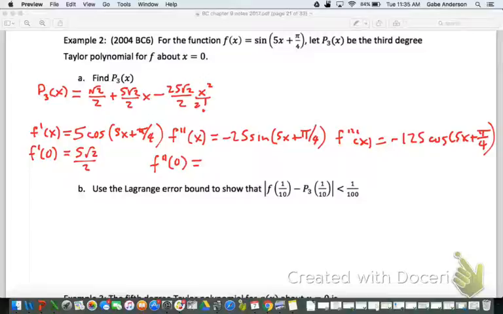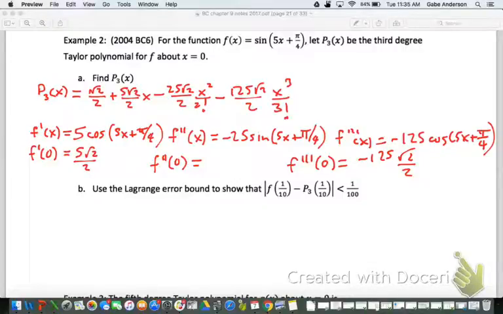So then that means that f triple prime of 0 equals negative 125 root 2 over 2. So our final term would be minus 125 root 2 over 2 times x cubed over 3 factorial. So that's our third degree Maclaurin polynomial for that sine of 5x plus pi over 4 function.